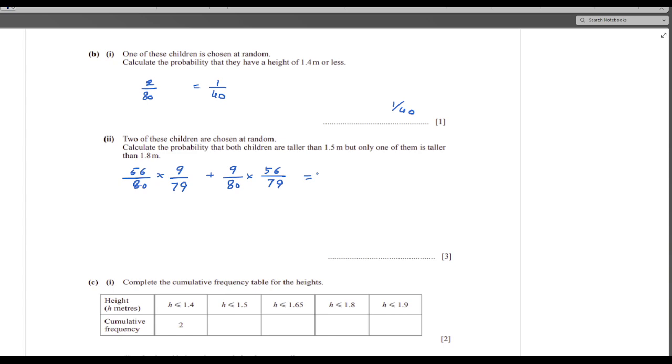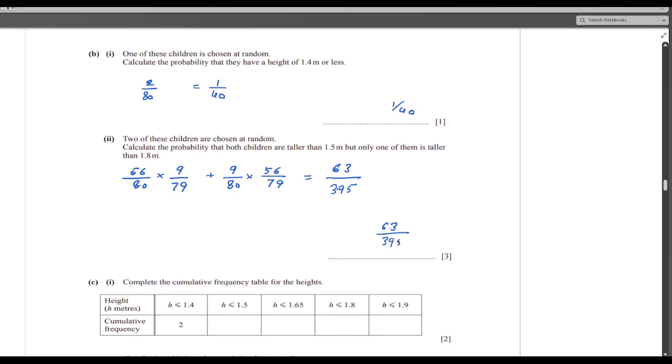If I do, I will get answer as 0.159, or in fraction if you see, it is 63 divided by 395. Okay, so you can keep your answer in fraction, 63 divided by 395.